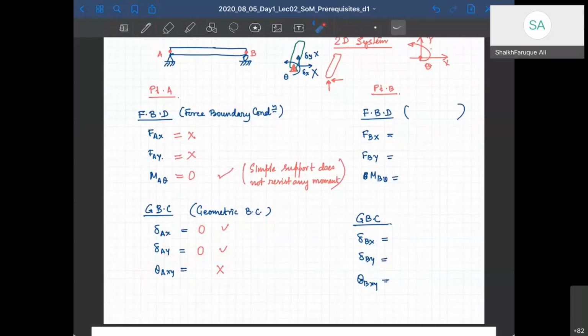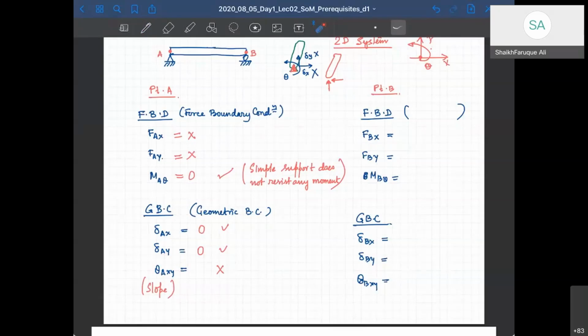So as I said last time, the same thing is valid here: at a point, given a direction, you will either know its force or you will know its deformation, the geometric boundary condition. Remember that. Why do moment and theta come together? Because they form the energy. Force and displacement also form the energy. Therefore they come together. Force is always related to displacements and moment is always related to slopes.